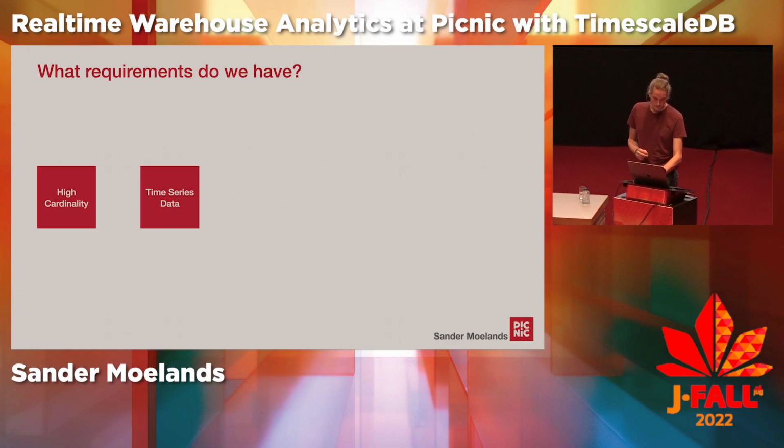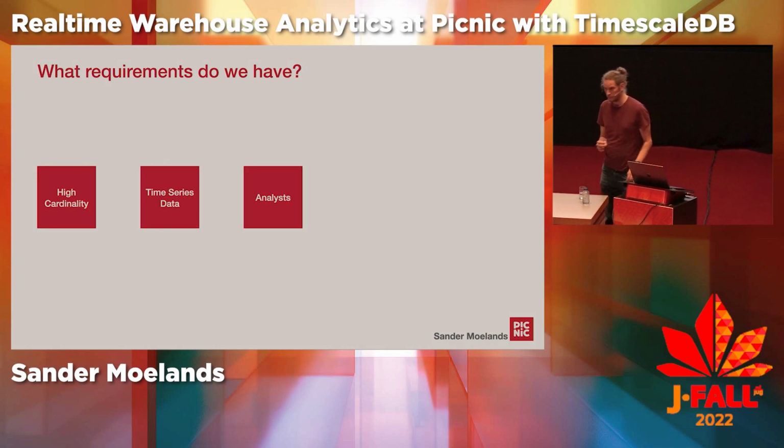Another requirement: at Picnic, in basically every team that we operate, we have analysts that help us even further improve our operations. They dig into our data. They do a lot with our data warehouses, but we also want to give them the tools and options to do things with the real-time data that we get in.